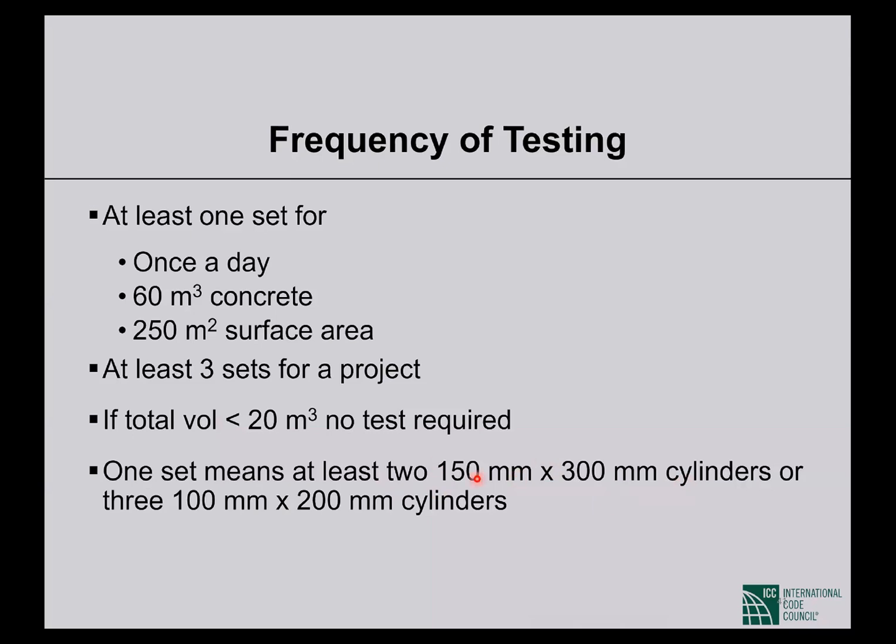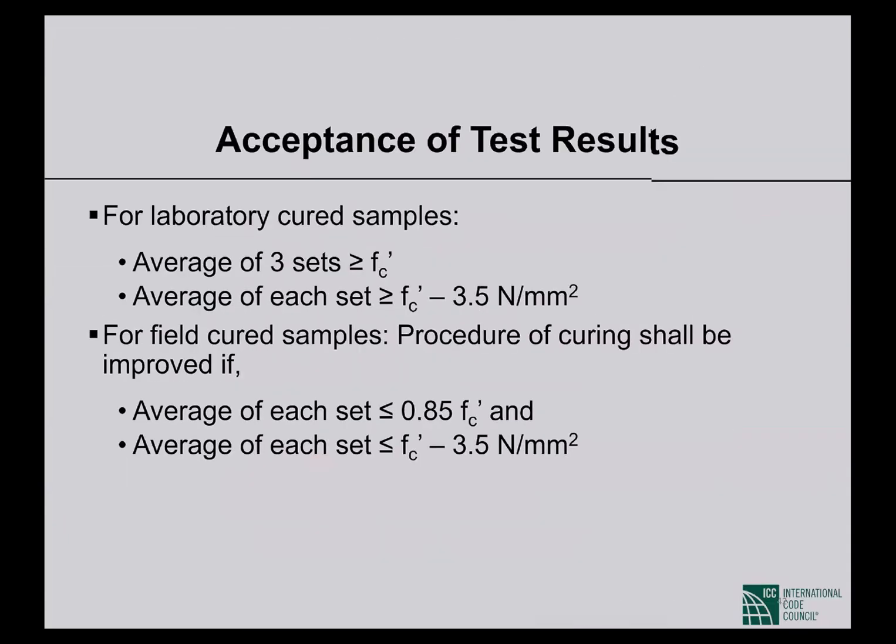If it is 6 inch by 12 inch, then two. If it is 4 inch by 8 inch, then three. Okay, so this is very important for those who are supervising construction.